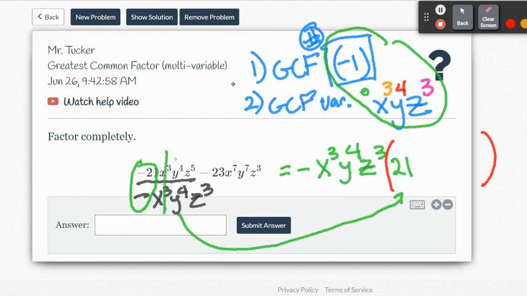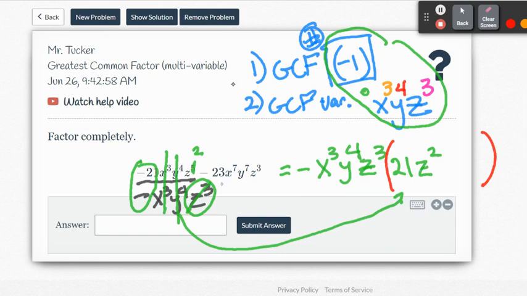My y to the fourths reduce out. And then I just take my z to the third and subtract powers, is the way the property works there, for same bases being divided. So this is z to the fifth minus 3 in the power, which is going to be z squared. So 21z squared is that first term result.